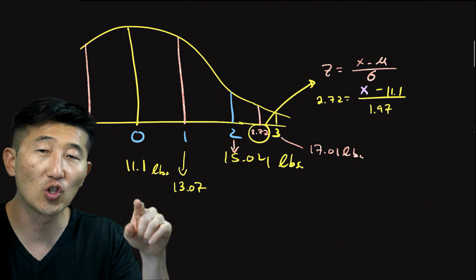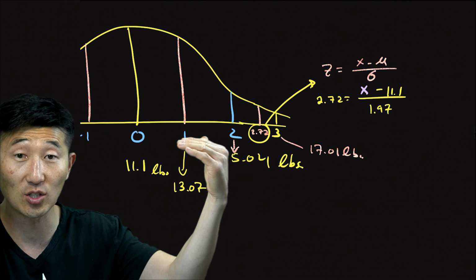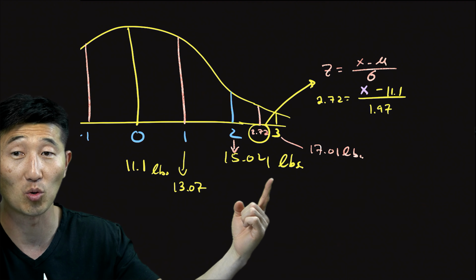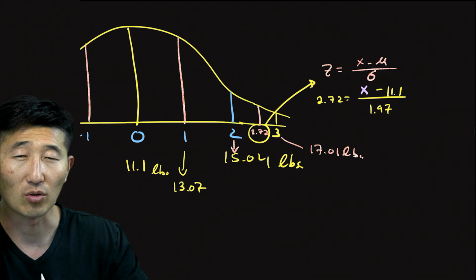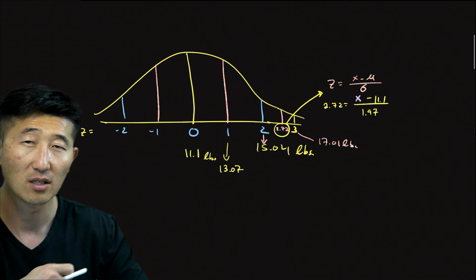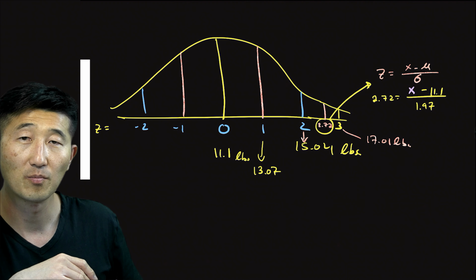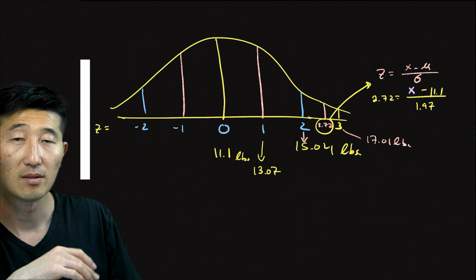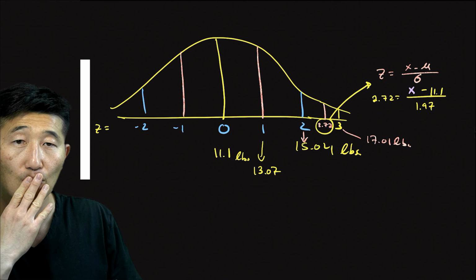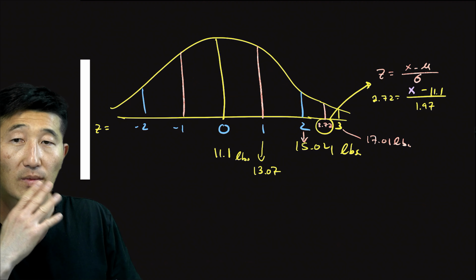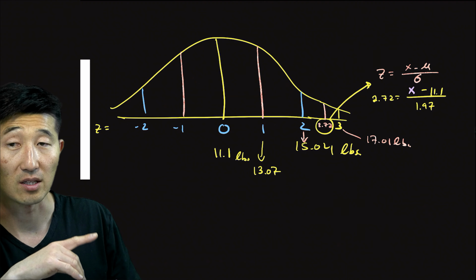I'm guessing your confusion was you kept getting mixed up with the z-score and the actual weight, right? Yeah, I was thinking that it was saying the weight, not the actual z-score, for some reason. And then I was confused on when to apply the formula. Exactly.